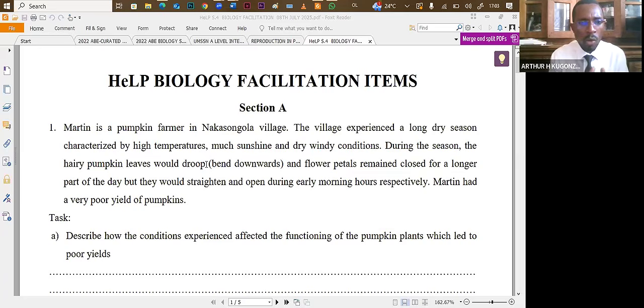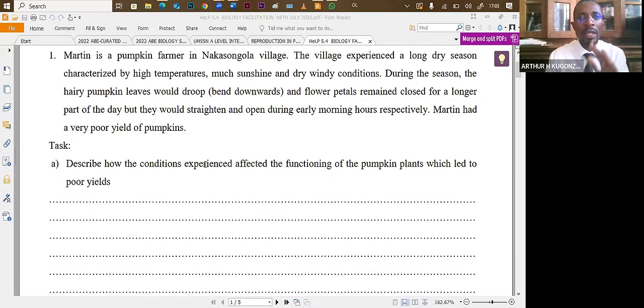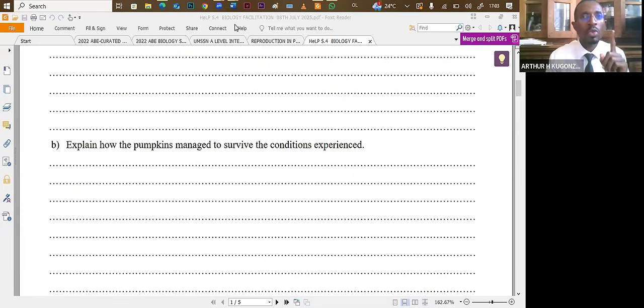We're looking for how did these plants survive? I think in that statement, there are some points there. So what are the points there? Drooping of the leaves could have caused plants to survive. So I'll first write that point.